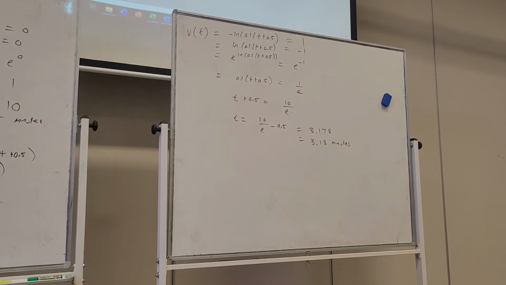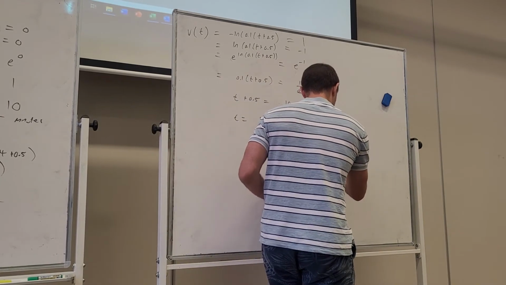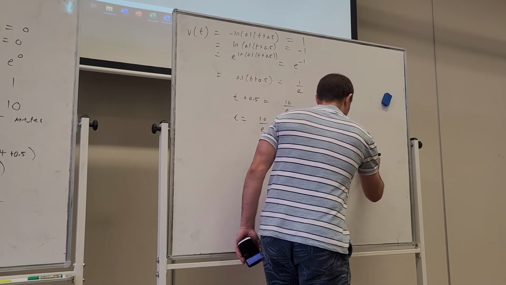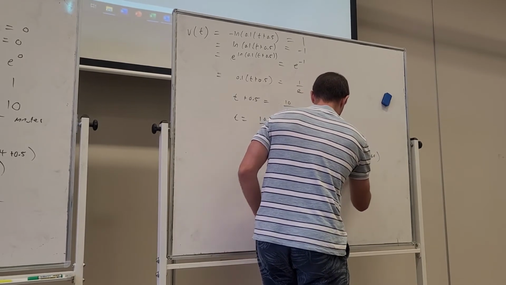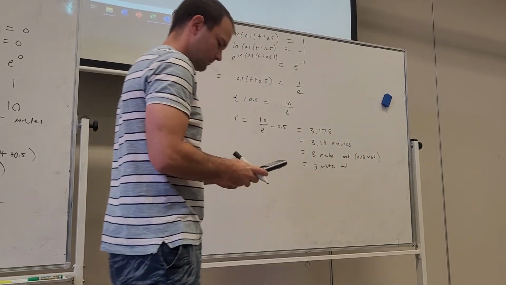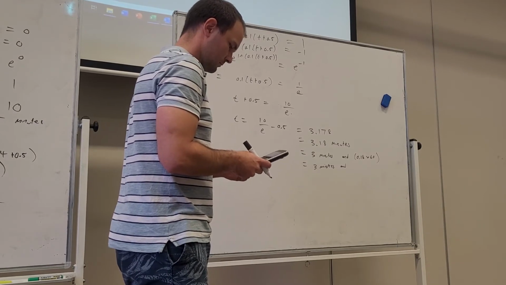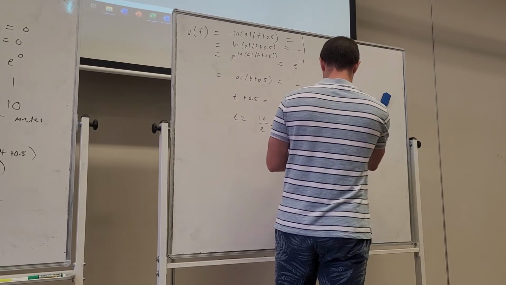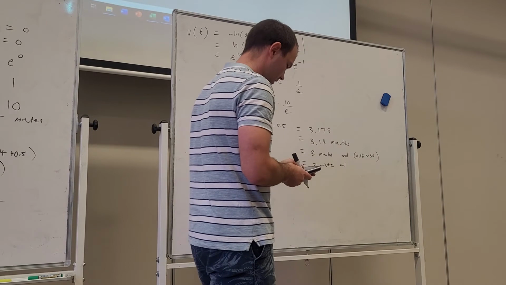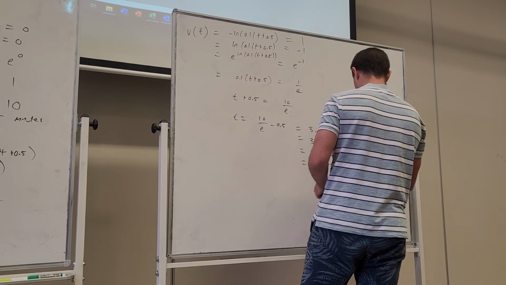Okay, so sometimes you get asked questions like this. 3 minutes and 0.18 times 60. I apologise, that's 3.178, so that's fine, 3.18, and then 0.18 times 60, we've got 10.8 seconds.